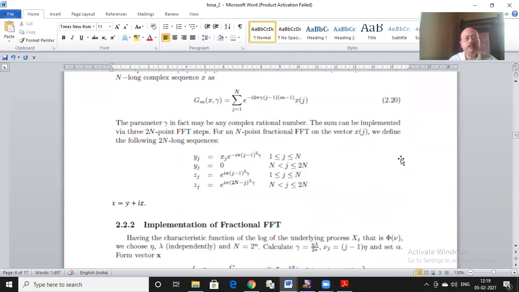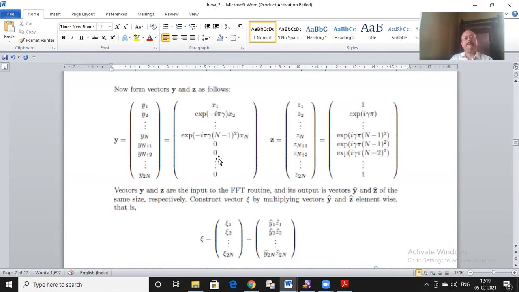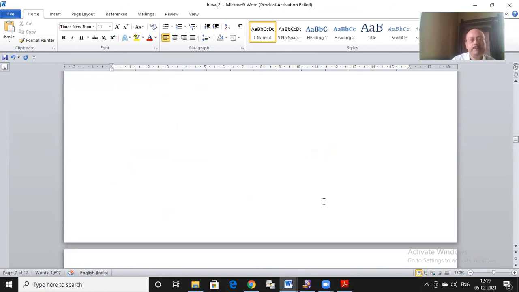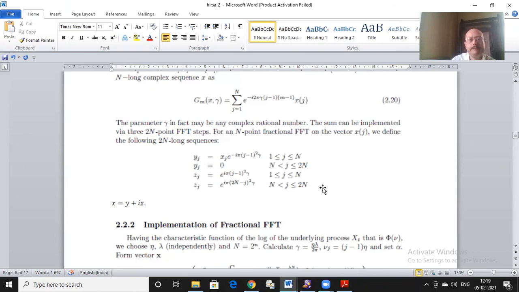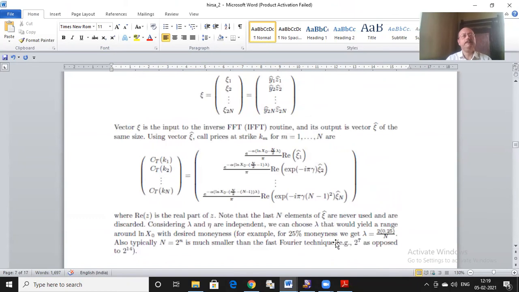And what I do is I create the sequences as per my convenience, the distances I choose as per my convenience, so that I am evaluating the summations at the appropriate strike prices. The benefit is I can use a smaller grid. I am not bound to choose the grid in the same way. So I can choose a smaller grid and save on computational time.